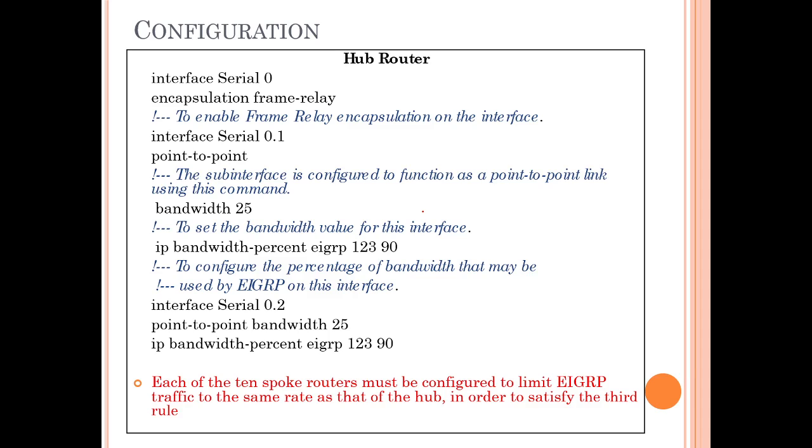For the hub router, this is what we have to do. 25 means 25k. It will by default take it as 25k when you write 25.